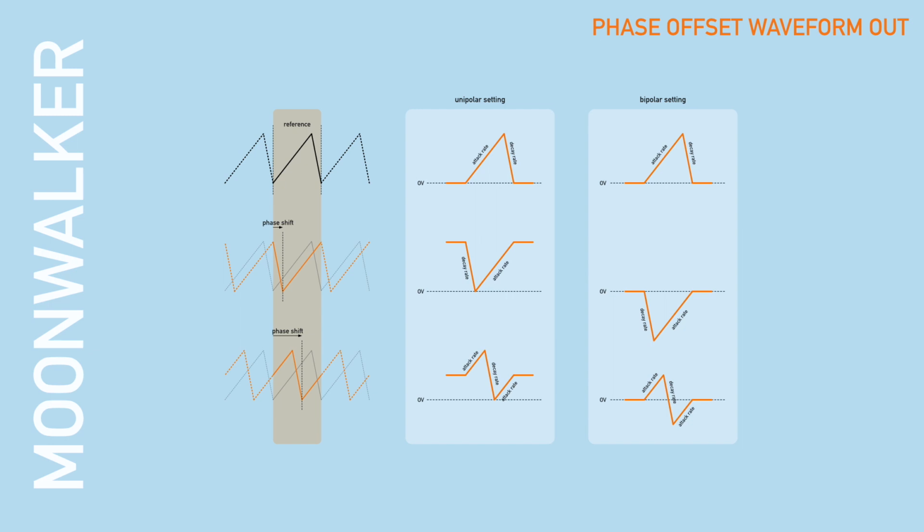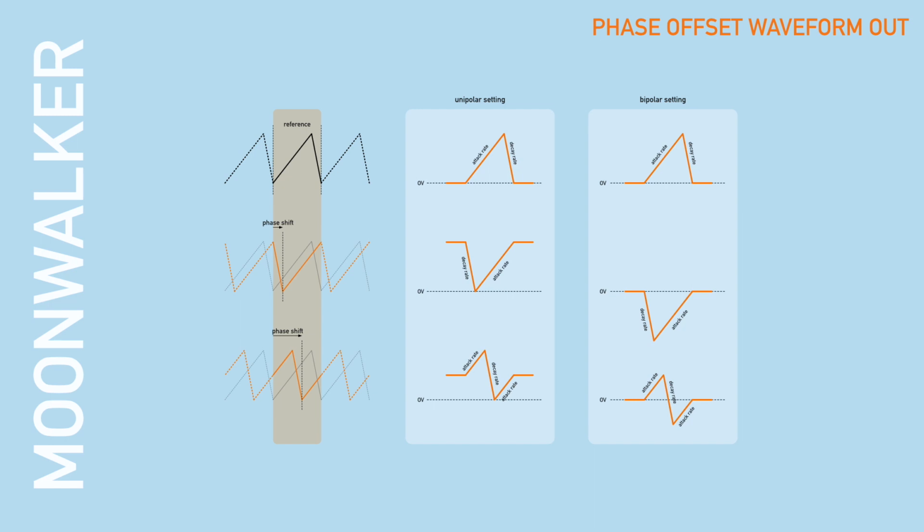And then in the example on the bottom, I introduced another random phase shift, at which point you can see that we're getting a part of the attack slope, then we get the decay slope, and then we have the rest of the attack slope.